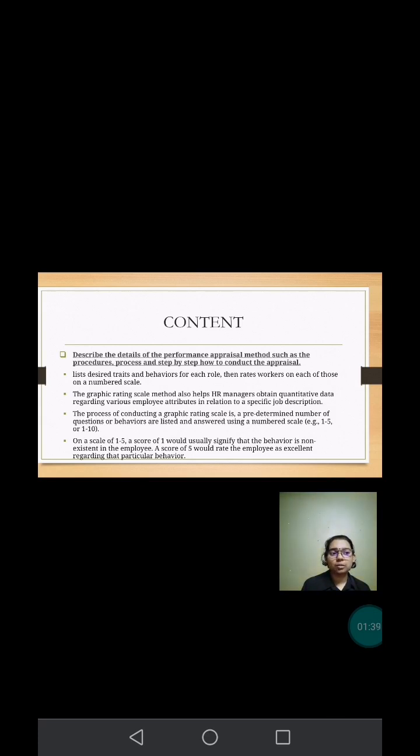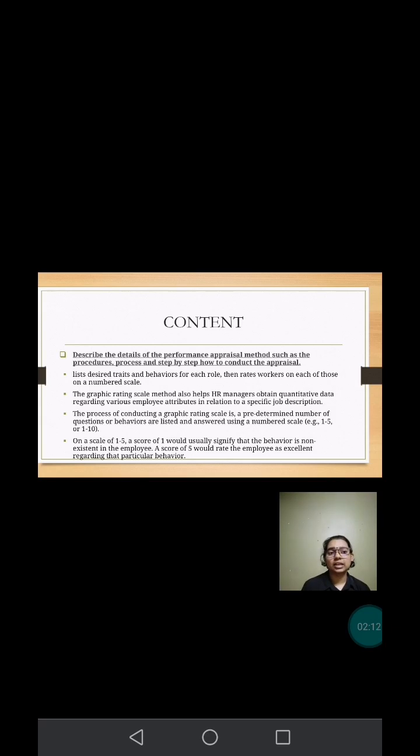The attributes might include punctuality, quality of work, job knowledge, teamwork, accountability, responsibility, etc. This helps an organization determine employee performance levels, increase efficiency and productivity, and make salary adjustments or promotions. The graphic rating scale method also helps HR managers to obtain quantitative data regarding various employee attributes in relation to a specific job description.